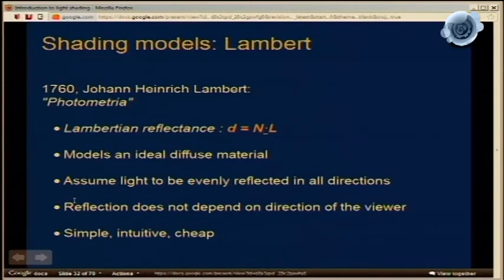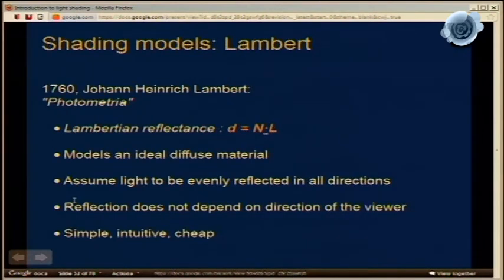But this cancels out with the fact that the same happens in the viewing direction. So in the end, the material is going to reflect the light in every direction. This is what the model states. This is what we call an ideal diffuse material. In reality, there is no such thing, I think. But anyway, it's considered to be close enough to be valid.